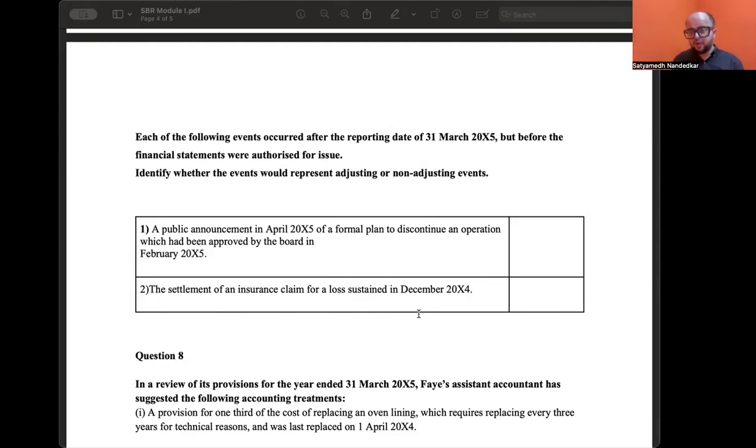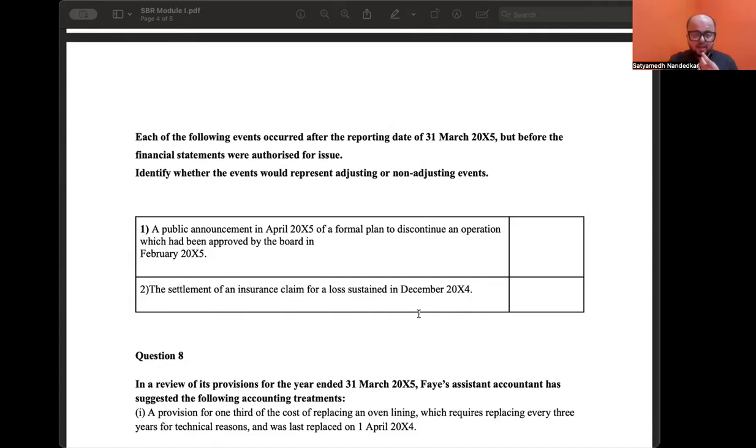For you to create a provision, that means you are acknowledging the fact that an amount has to be paid. For that to happen, the conditions which trigger the provision have to exist on the balance sheet date. The trigger is the constructive obligation. That constructive obligation came into existence after 31st of March. It did not exist on 31st of March. So it is a non-adjusting event.